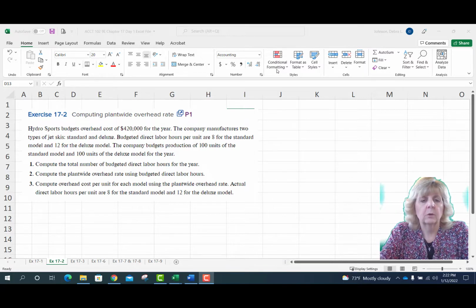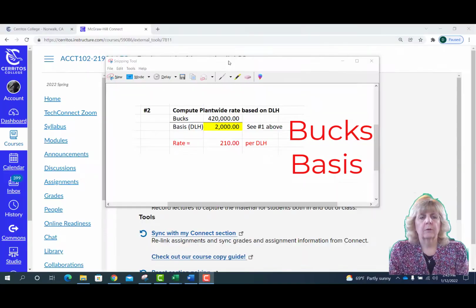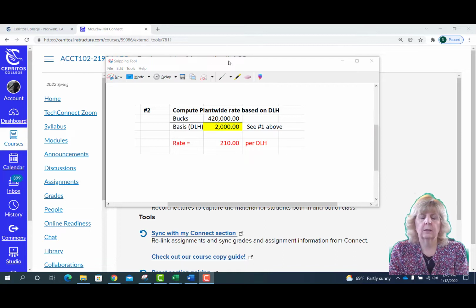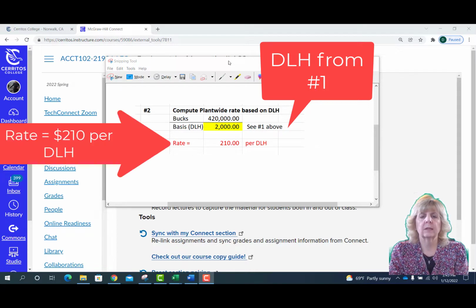So on step 2, we'll do the bucks over basis, and you'll get a rate per direct labor hour, just like we did on the previous example. So for requirement 2, you see the bucks over the basis. Notice that the basis, that yellow line item, came from requirement number 1. When we take the total bucks divided by the total basis, we come out with a rate of $210 per direct labor hour.